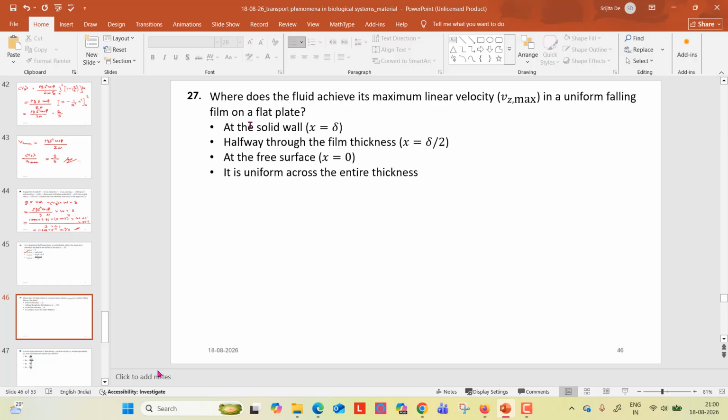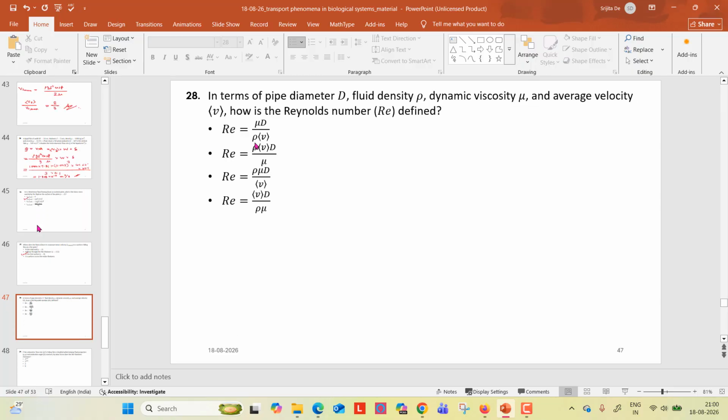So option C. Next. In terms of pipe diameter, density, average velocity, it is rho v d by mu. So it is option B.